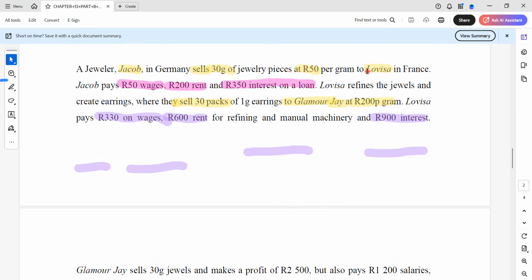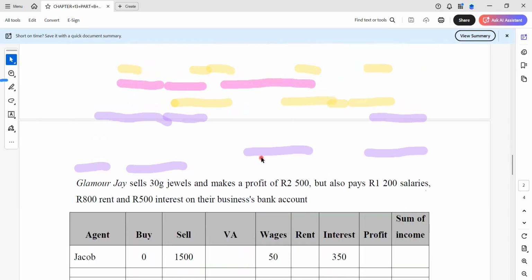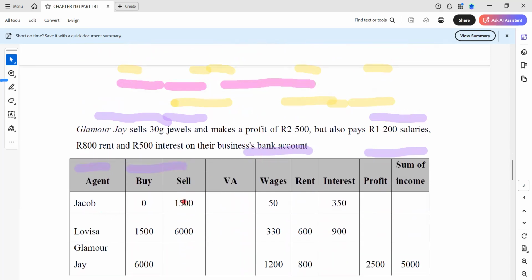So if you say 30 times 50, you're going to get 1,500. So they recorded here from Jacob 1,500, because this is the amount that he's going to receive.